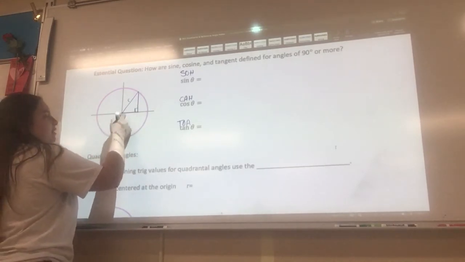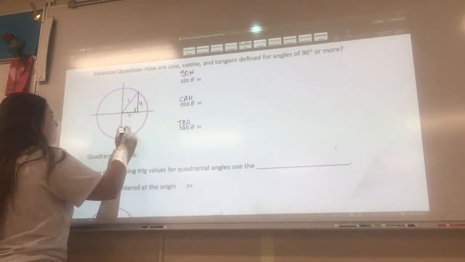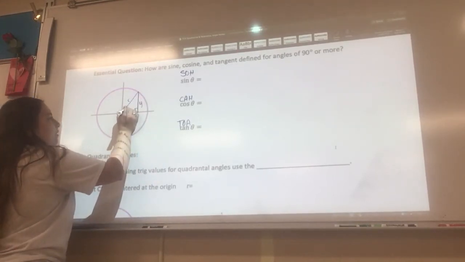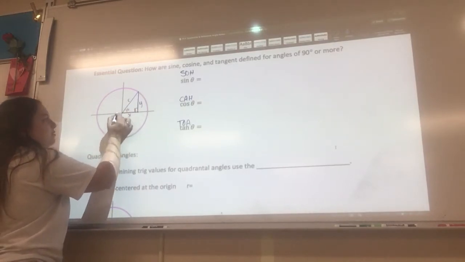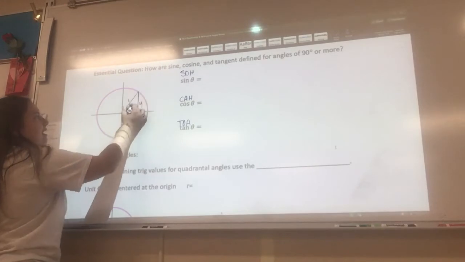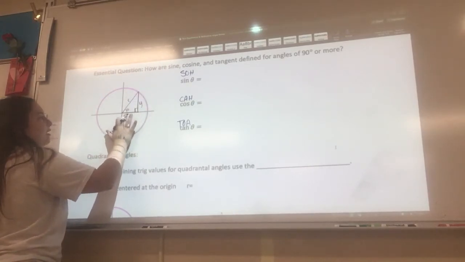And this is our x value, and this would be our y value, with our angle always being the angle that is closest to the origin. The angle is never up here, it is always in this area, okay?